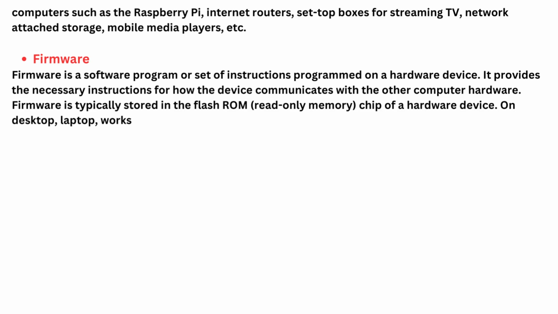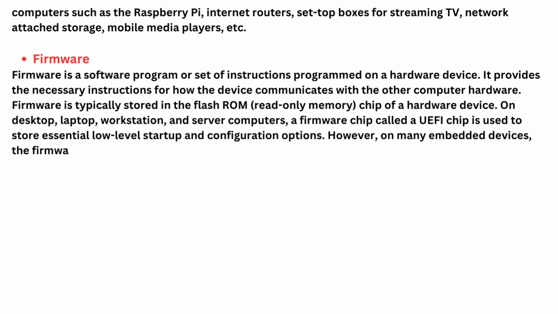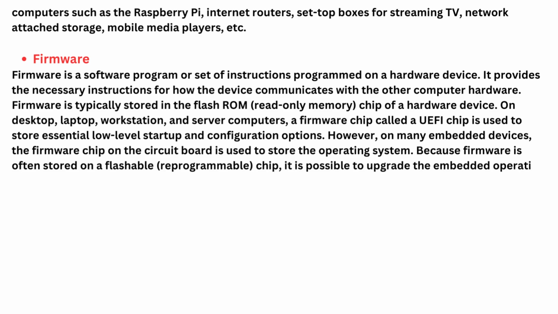On desktop, laptop, workstation, and server computers, a firmware chip called a UEFI chip is used to store essential low-level startup and configuration options. However, on many embedded devices, the firmware chip on the circuit board is used to store the operating system. Because firmware is often stored on a flashable, reprogrammable chip, it is possible to upgrade the embedded operating system on many devices.